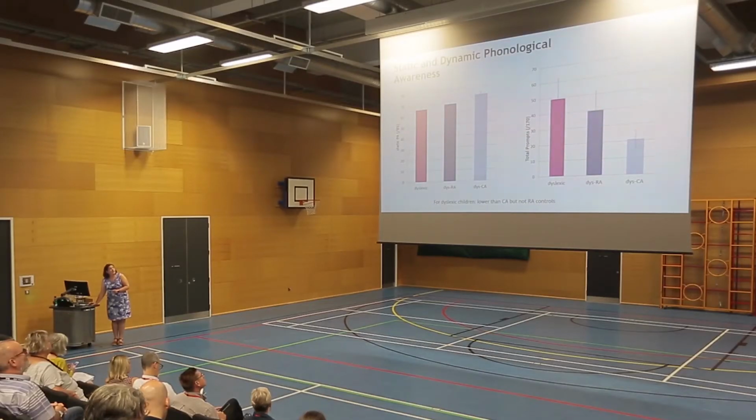And then the children with dyslexia showed quite a similar pattern to the OM children on phonological awareness. They're poorer than their matched controls, and they need more prompts than their matched controls here, though it's not significantly worse than reading age matched controls.